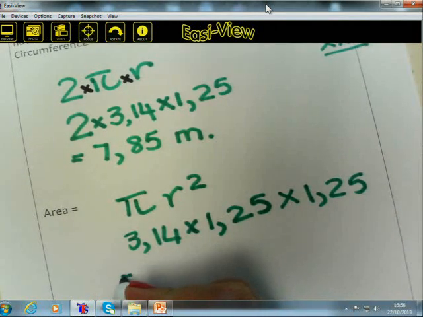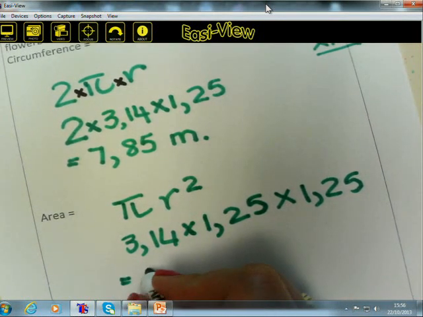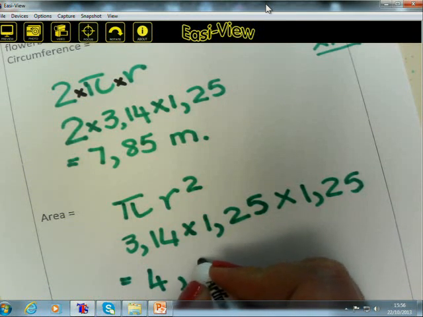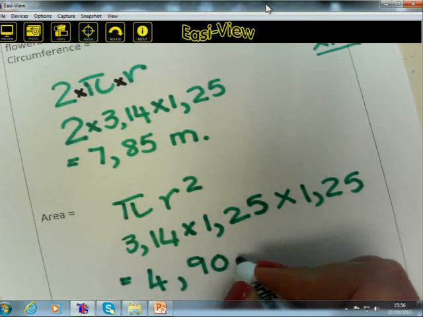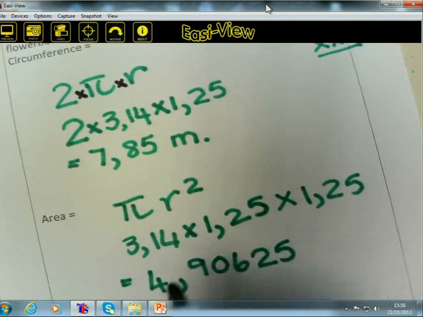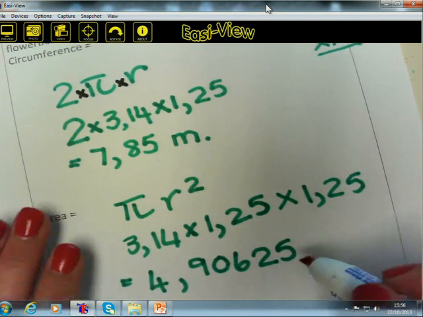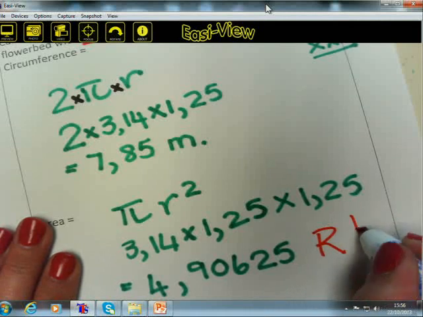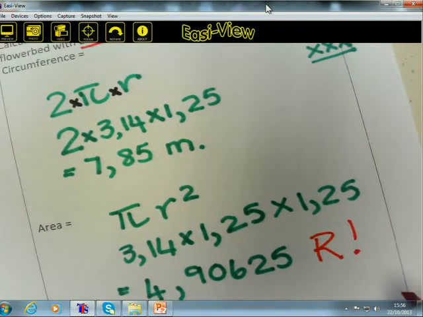And the answer there is 4,90625. Red light. I'm seeing a red light. I have to round. To how many places?